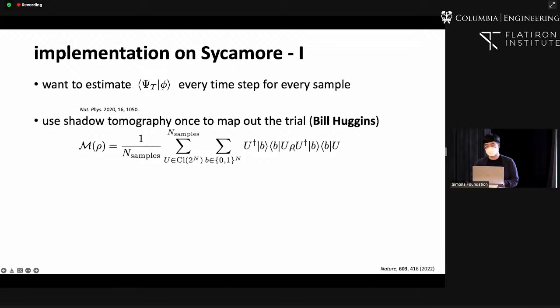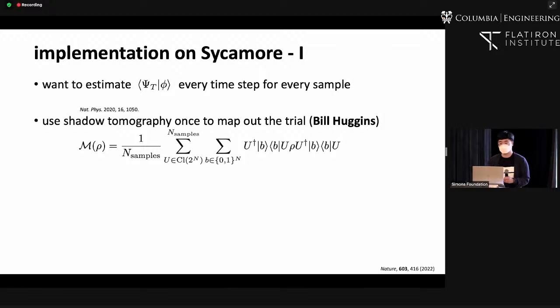And each of these randomly chosen Clifford unitaries, we're going to apply them to rho. So we're going to actually contract the unitary tensor with the state vector we prepare. And then we're going to measure in the computational basis, meaning that individual qubits will be read off in the end, ones or zeros.